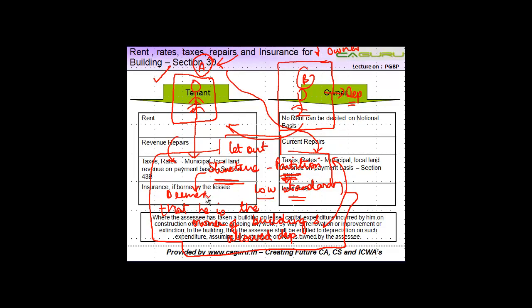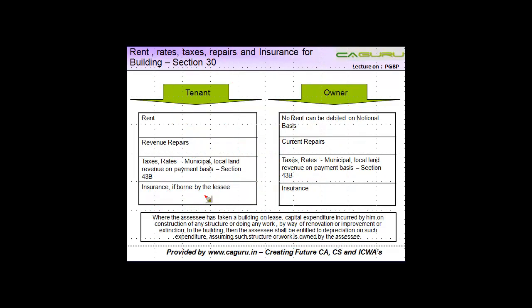Let's now go back to the detailed explanation for this, where the assessee has taken a building on lease. Lease is just one thing. You can have any other right of occupancy. Capital expenditure incurred by him on construction of any structure or doing any work or by way of renovation or improvement or extinction. So let's say, for example, there was already a partition which he just got removed, extincted.